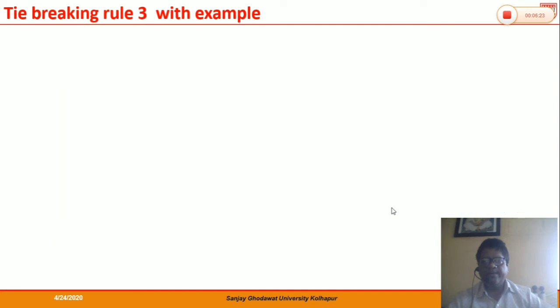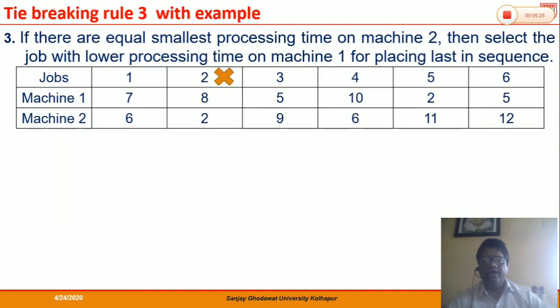Now go ahead. These 4 jobs are already done. Out of the remaining 2, job number 1 and job number 4, you will find the shortest time is for the last operation. Again there is a tie, so which is to be kept last in sequence? For that, again you have to refer back to the shortest time on the first machine.